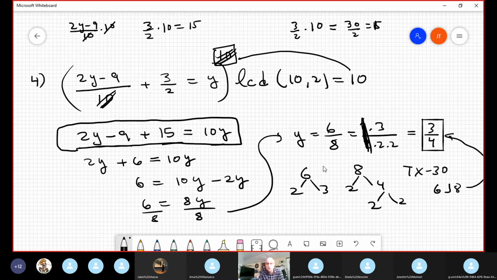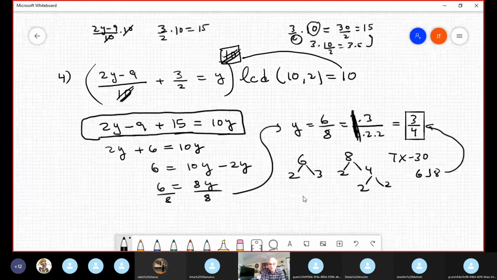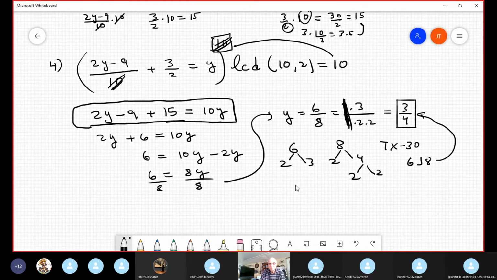Another possibility is you divide 10 over 2 separately, and the answer is the same, 15. This is your question, mister? Yeah, I understand. Thank you. This is just arithmetic, and you can use the calculator for any arithmetic part. You put it in like a fraction. That's number 4.